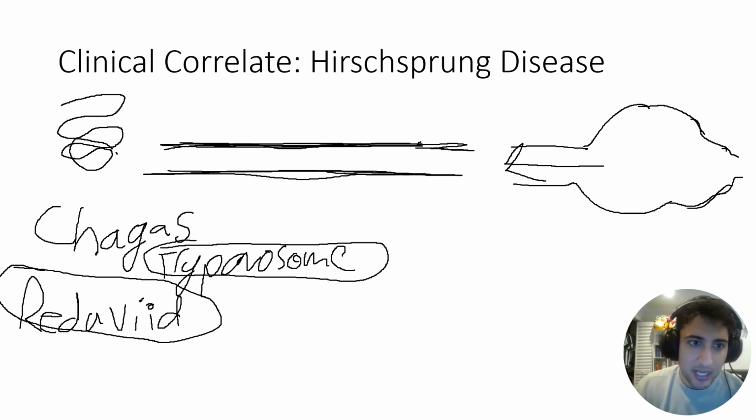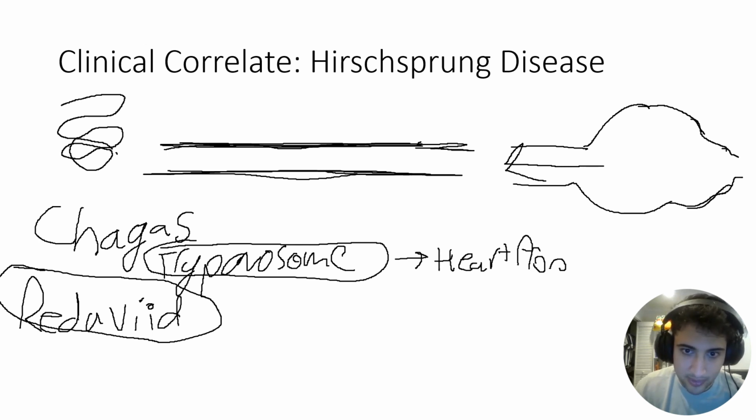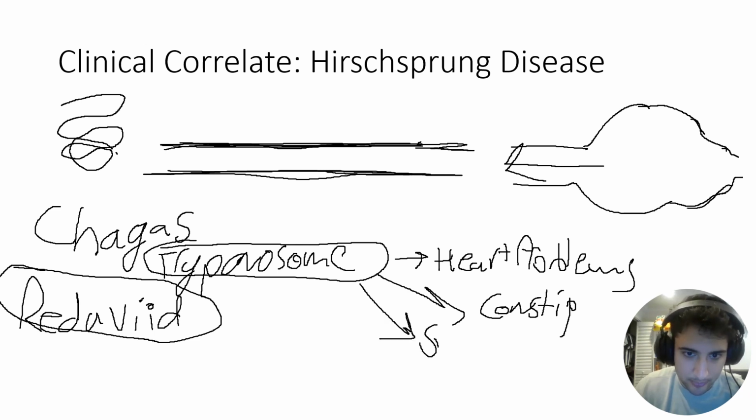What this does, first of all, can cause dilated cardiomyopathy, so heart problems. And it can also cause constipation and issues with swallowing. What it does is that it can destroy the parasympathetics.